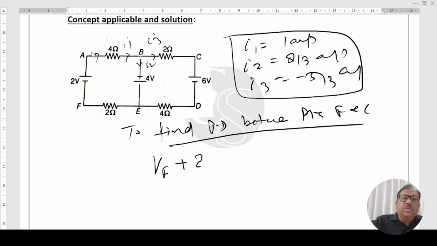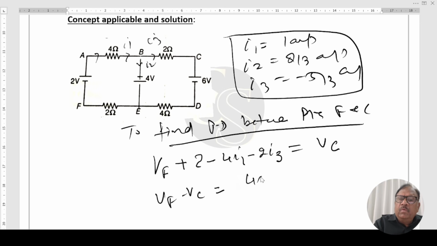Summation IR equals summation E. So minus 4I1 minus 2I3 minus 4 equals Vc. Vf minus Vc comes out to be 4I1 plus 2I3 minus 2.